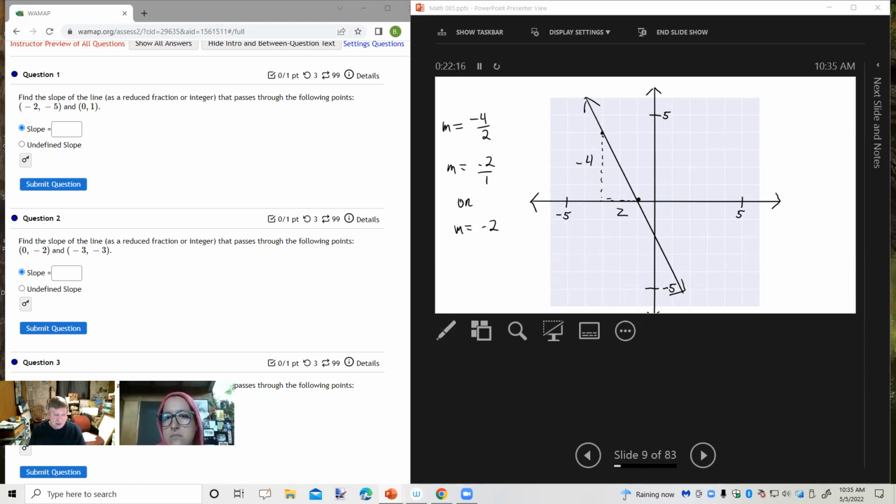Technically, slope is a ratio, a comparison of two numbers, but when the denominator is a 1, it's acceptable. In fact, it's typical to write the slope like this rather than that. Anyway, here the slope is -2. Any questions on this example?